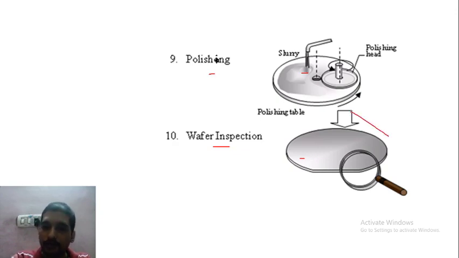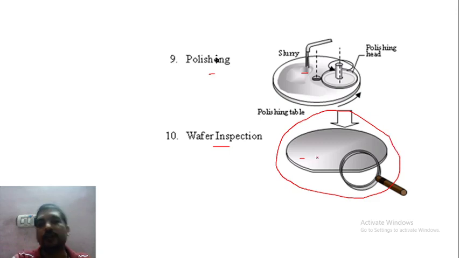Now this wafer is ready for making different chips. As we have already discussed in the past, a number of cores and dies are fabricated onto the wafer, and inside each core there are a number of MOSFETs.